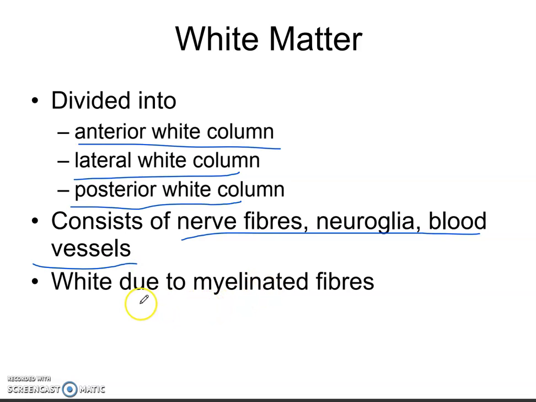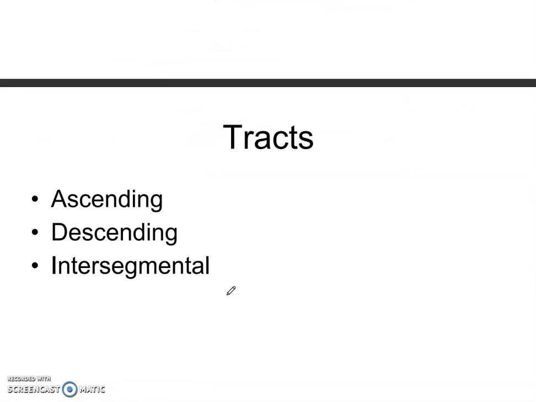It is white due to myelinated fibers, which help maintain speed during transmission of nerve signals. It can vary from 40 meters per second to 120 meters per second: 40 when non-myelinated, and 120 when myelinated.